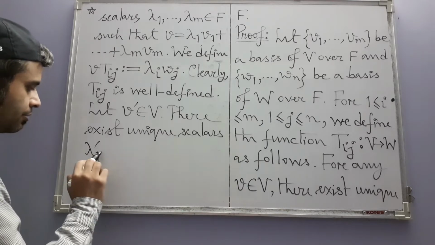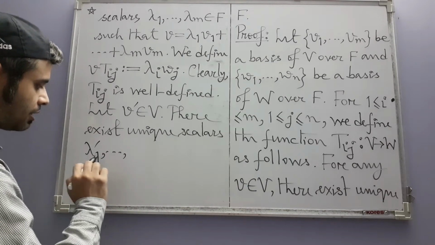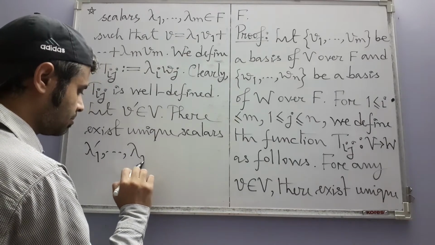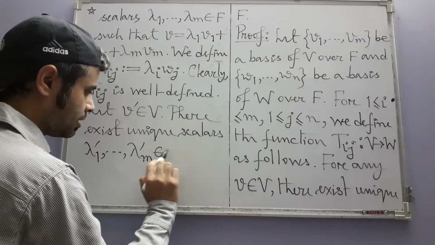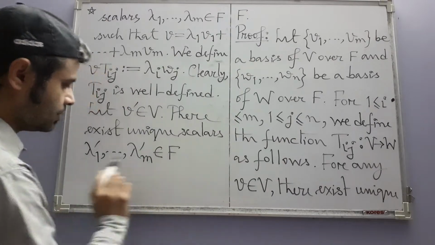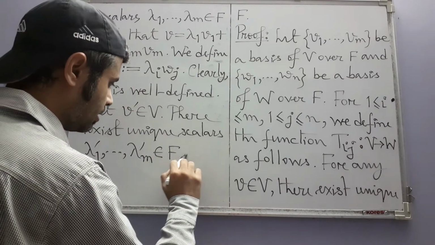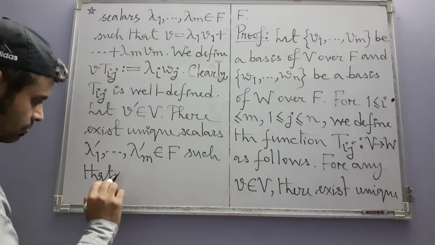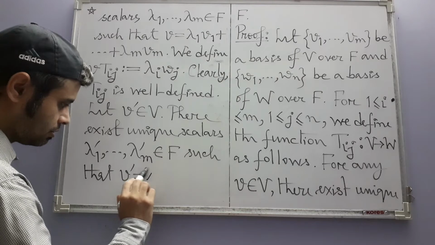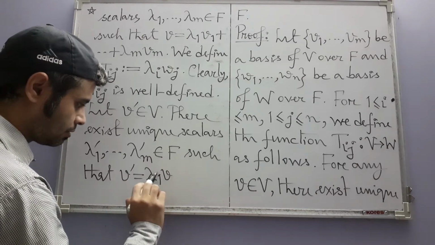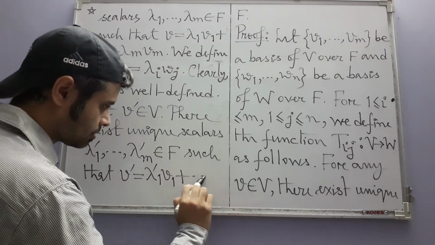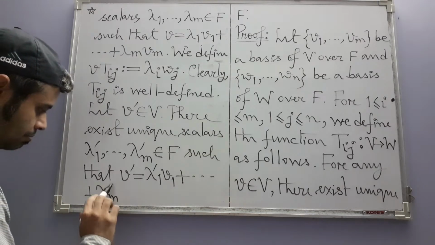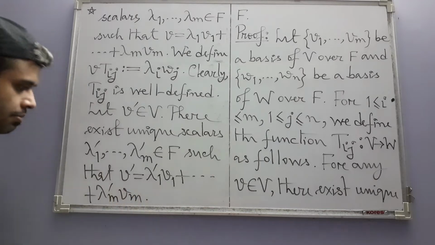And to maintain uniformity, let me take lambda 1 prime. It's not necessary, but it looks nice and it's easier to keep track of things this way, such that v prime is lambda 1 prime v1 plus etc. plus lambda m prime vm.